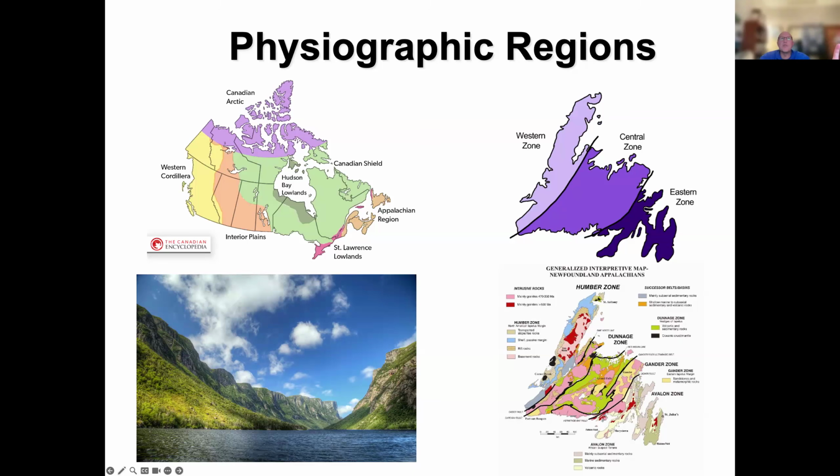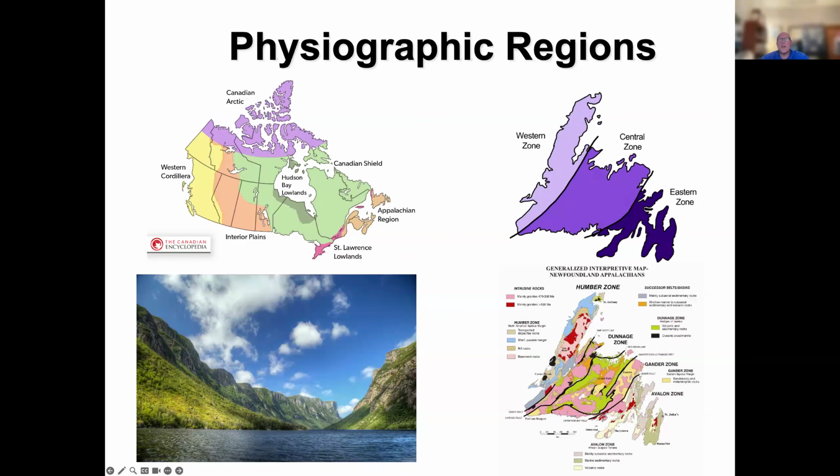But I want to focus on Newfoundland in particular because that's the terminus of the Appalachians in North America. They might continue on over into Scotland and Norway, but that's not for us tonight. But Newfoundland is divided into these three physiographic regions, the Western, Central, and Eastern zone.